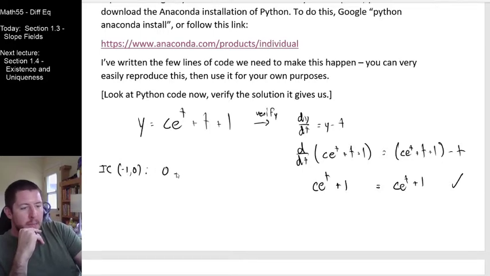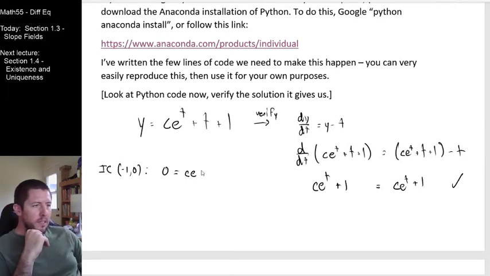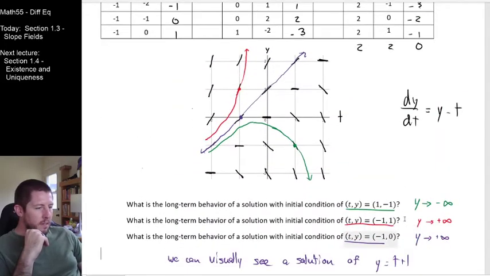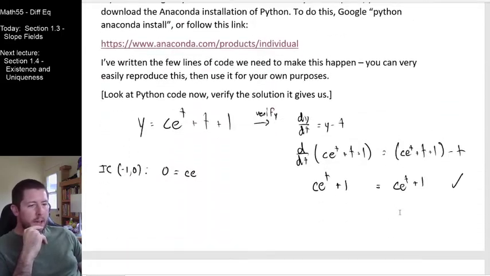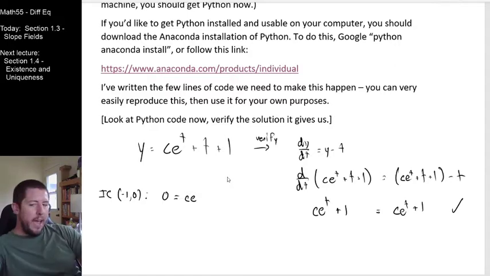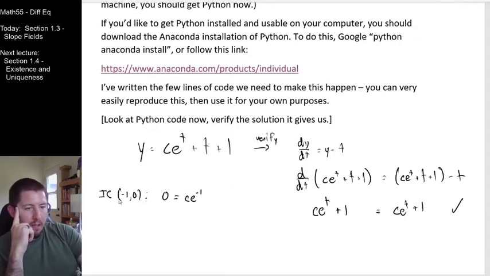That says y is going to be 0. Oh wait, that should have been 0, 1, right? Oh no, no, no, -1, 0. Okay, I'm just being dumb right there. I have this all correct, and I'm talking myself out of it.